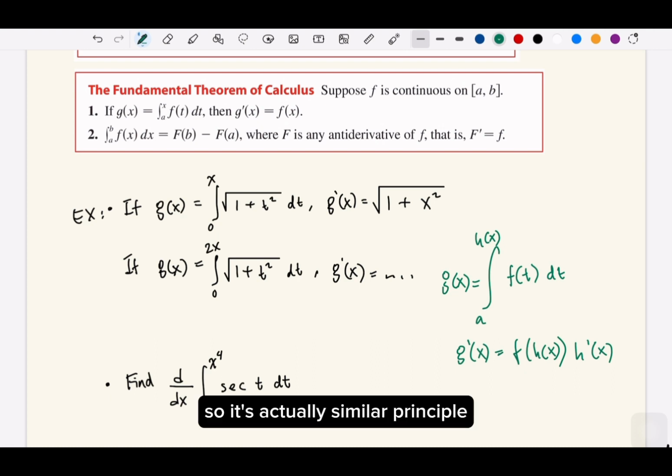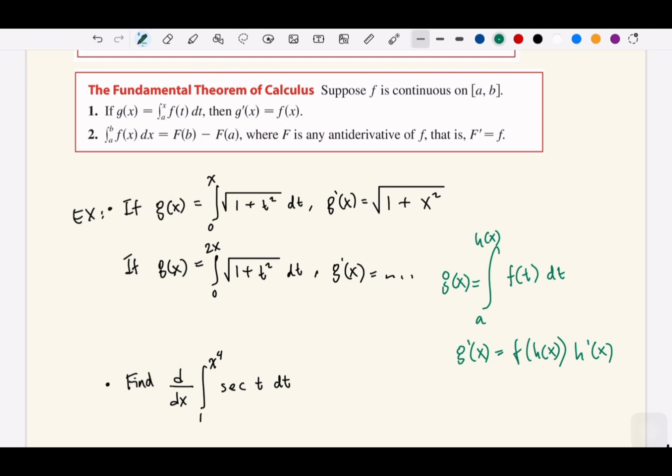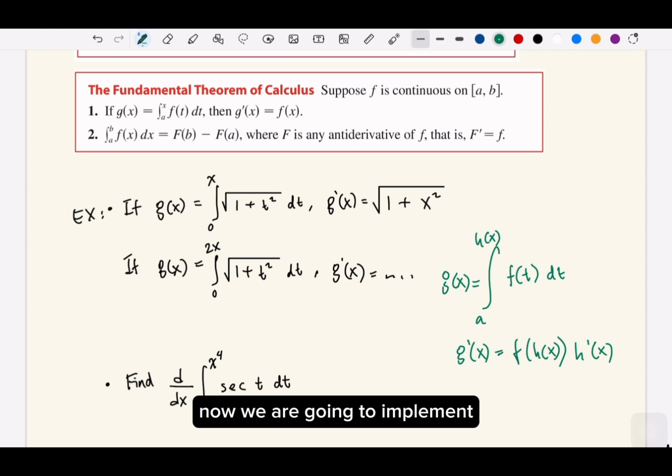So it's actually a similar principle to what you have done before, the derivative, the chain rule, and everything. So now we are going to implement all the derivative stuff that we learned, but then we are going to introduce how to get into this integration, and how to combine this integration with the previous derivative.